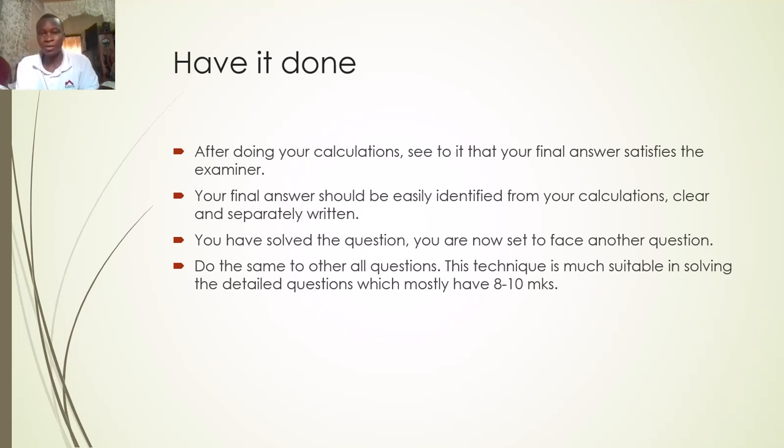So your final answer should be easily identified from the calculations, clear and separately written down under it. It should be the last thing that appears on each and every solution of the math problem that you are solving.